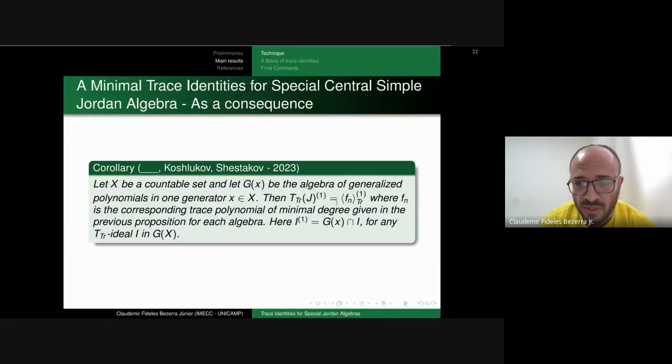This symbol denotes the ideal in this algebra, the intersection between this ideal and this algebra.